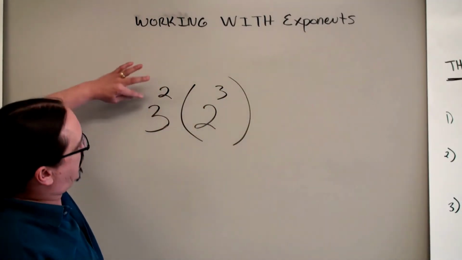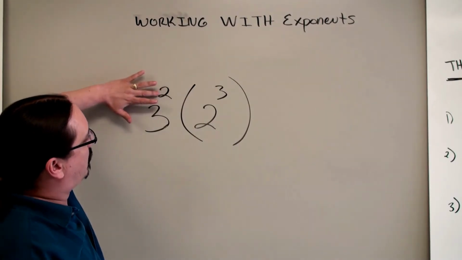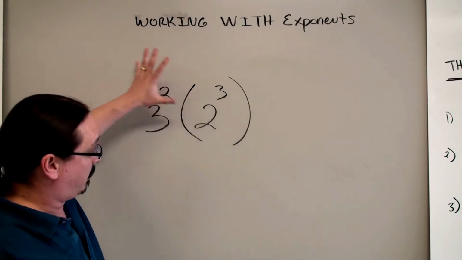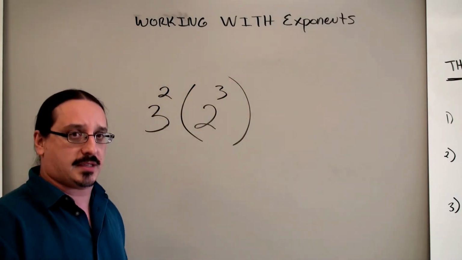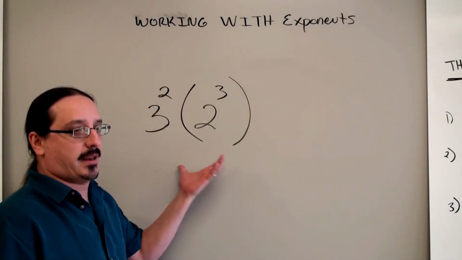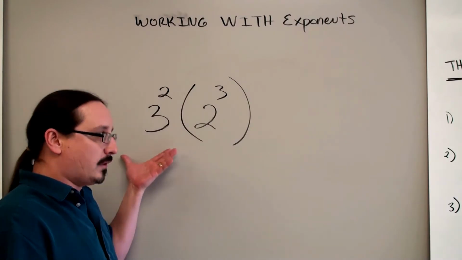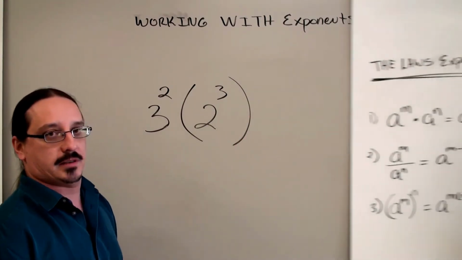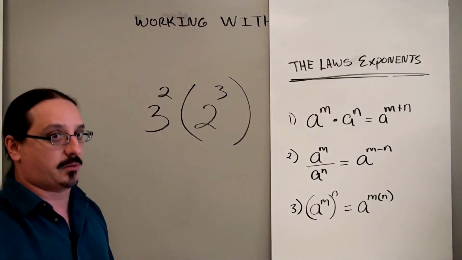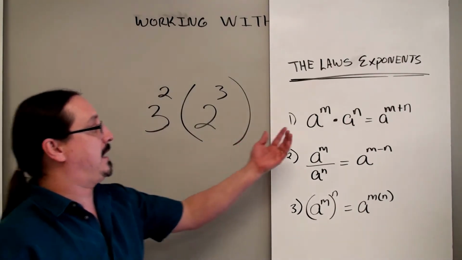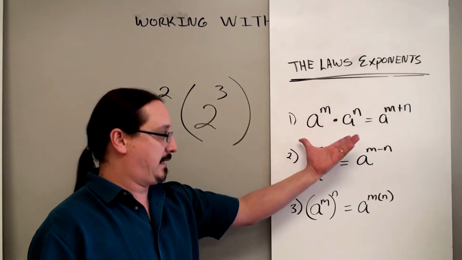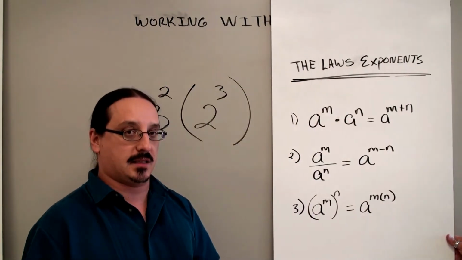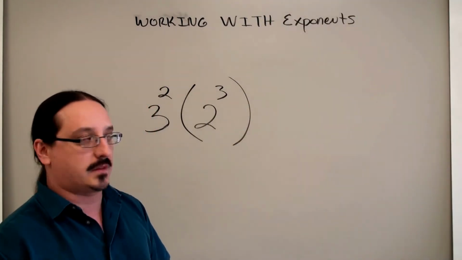Just because we've taken this power and it looks like we've flipped it here and made this base an exponent, because we're dealing with all the same numbers, this doesn't mean that we can utilize our law of exponents. It doesn't work that way. They have to be the same base. They have to both be, in this case, very abstract, both A's. And since they're the same letter, it represents the same number.